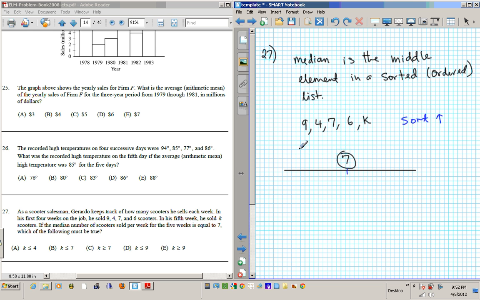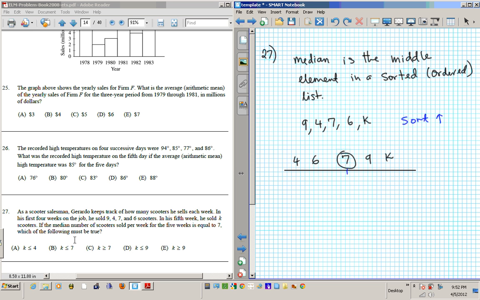So by increasing, we're going to have 4, and then 6. Only 2 can be before it, okay? And then we have to have 9. 9 has to be here, and the other number K has to be to the right of it. Okay, so we have to have 2 numbers smaller than 7 and 2 numbers bigger than 7.